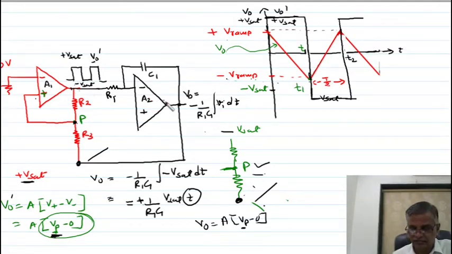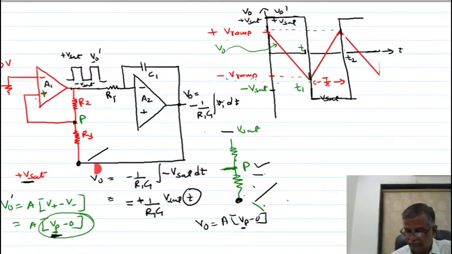Last time this was positive. This positive output will give a negative ramp. It is given here, and at time T1 this voltage is slightly less than 0. As a result, the output changes from plus Vset to minus Vset, so the output will be a positive ramp.